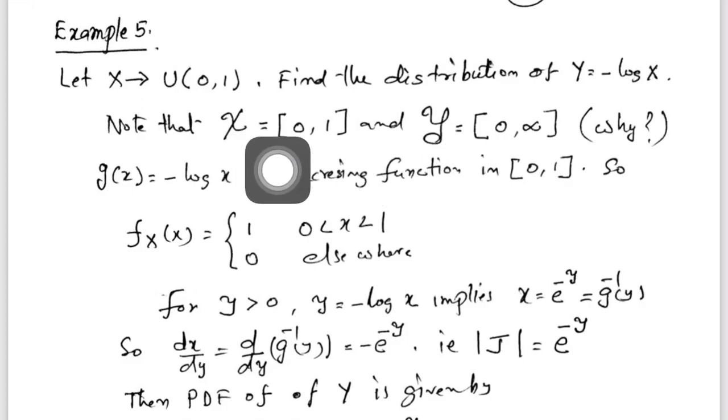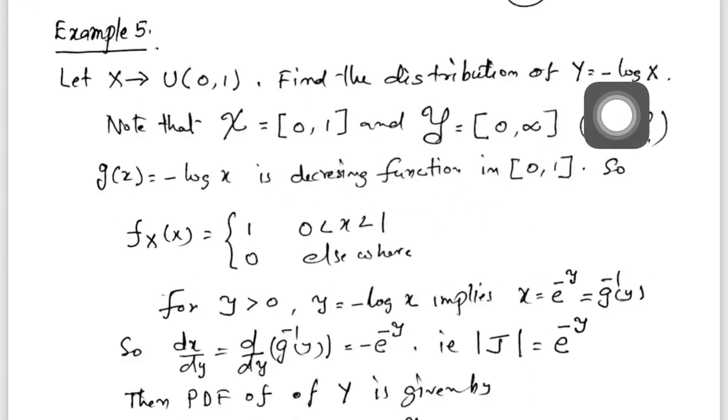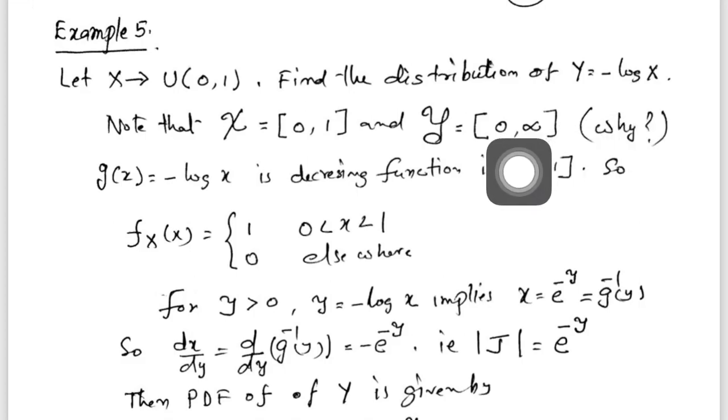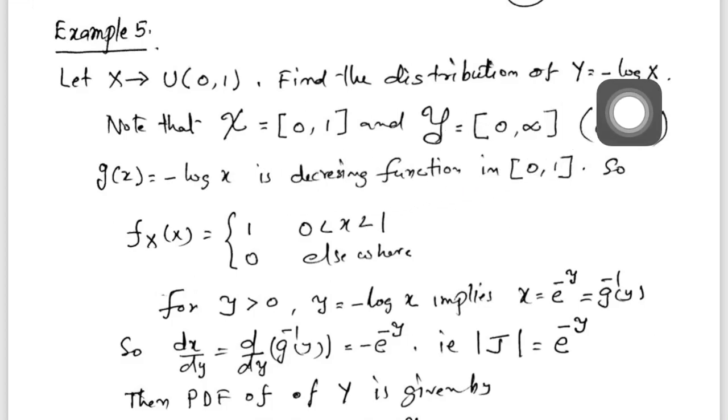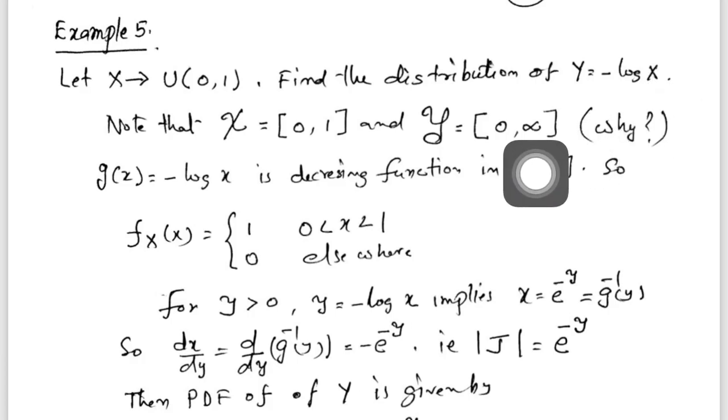When x equals 1, this is minus log 1, so it is 0, and when x equals 0, this is minus log 0, that is infinity. Okay, so the range is 0 to infinity.